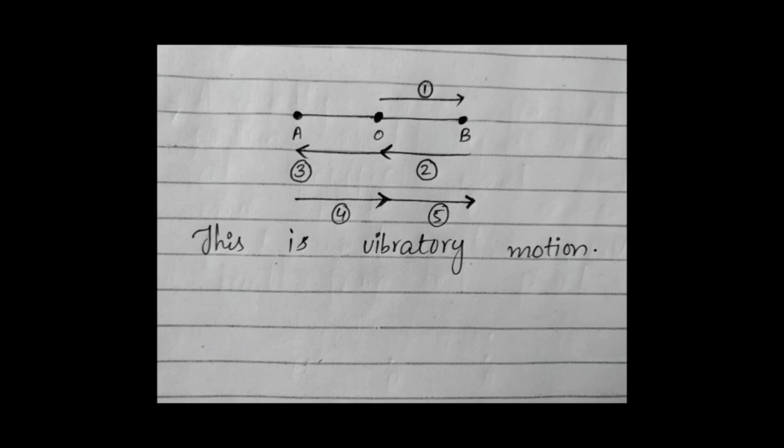It will move to position A, which is the third step, and here it will not stop. It will again move to position O, which is the fourth step, and this type of motion will repeat between A and B. This type of motion is called vibratory motion or oscillatory motion. The most important type of vibratory motion is simple harmonic motion, which we will deal with in this chapter, and we will explain the different types of simple harmonic motion.